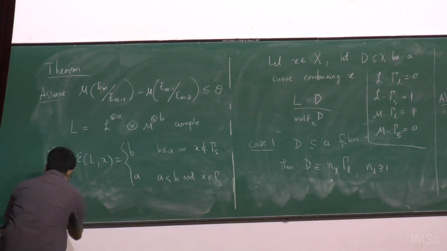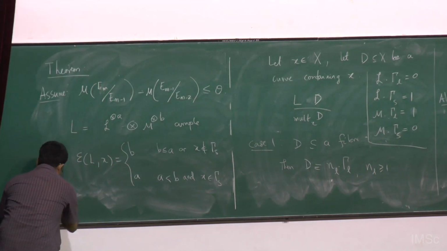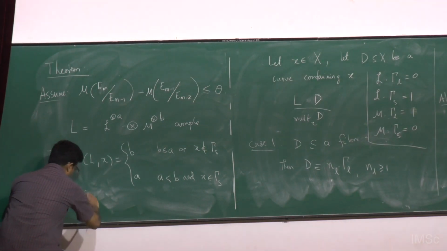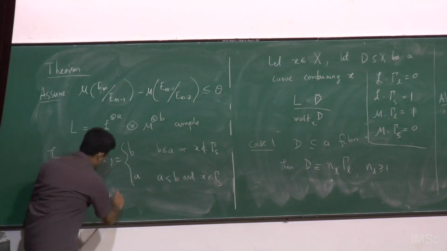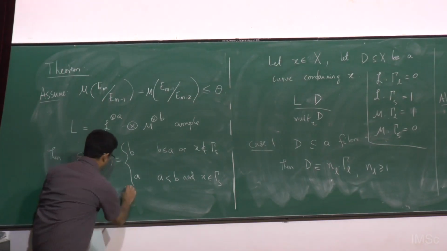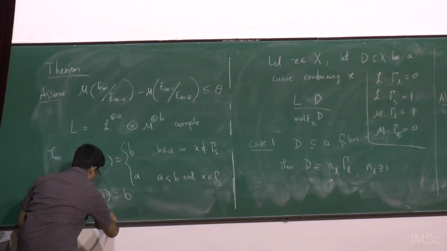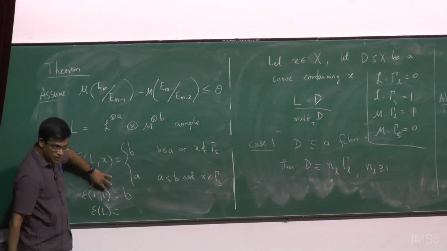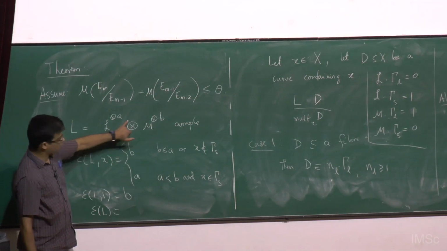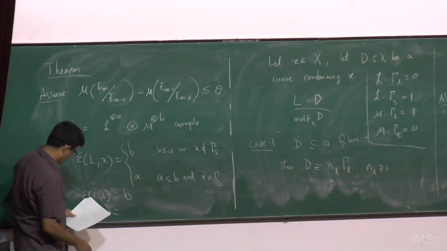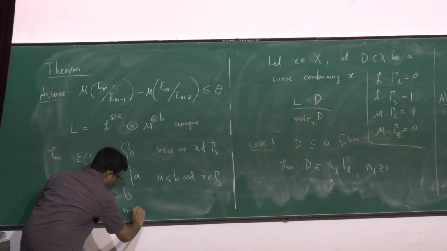So last thing I'll write. So to tie it up with what I wrote earlier, I talked about epsilon L_1. So epsilon L_1 is B. Epsilon L_1 is the largest Seshadri constant. That's always B, no matter how A and B are related to each other. And epsilon L is the minimum of A and B.